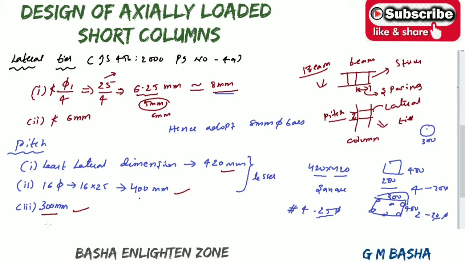After solving these three conditions, maybe you get 200 mm, and then you can provide 200 mm only. Here these two values are higher than 300 mm, so we are limiting to 300 mm. In any case, the pitch will not be higher than these three values, so your lesser value is 300 mm.